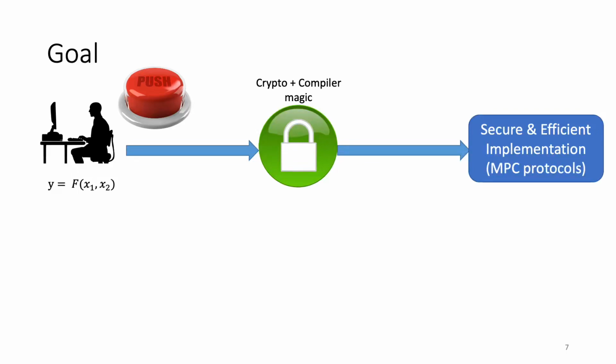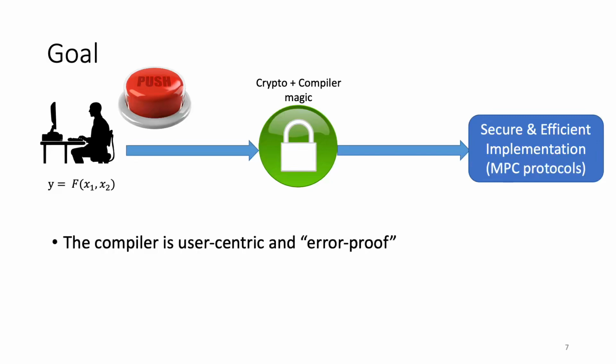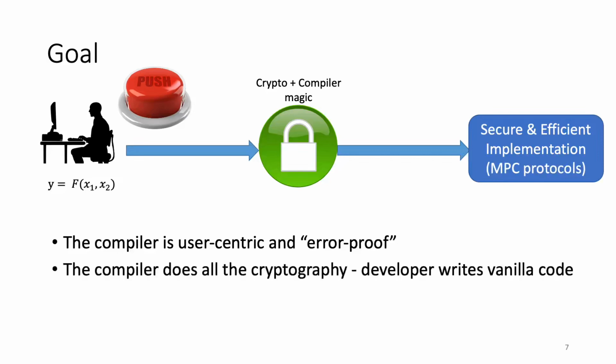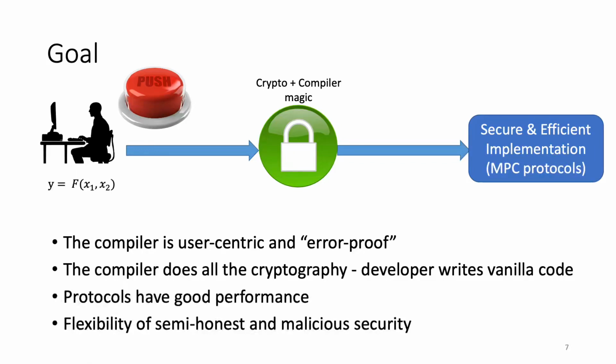We also want several things from the compiler. The compiler should be user-centric and error-proof, meaning it prevents the developer from committing security mistakes. It should hide all the cryptographic details from the developer so that the developer remains oblivious of these and just writes vanilla code. We also want that the protocols output by the compiler should have good performance and should provide the flexibility of choosing between both the semi-honest security model and the malicious security model.